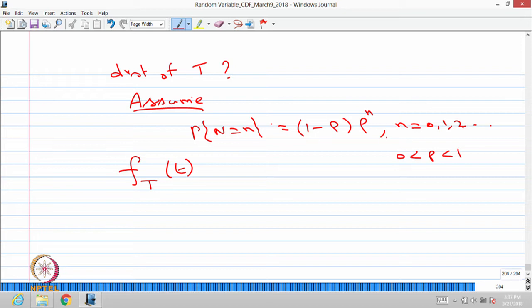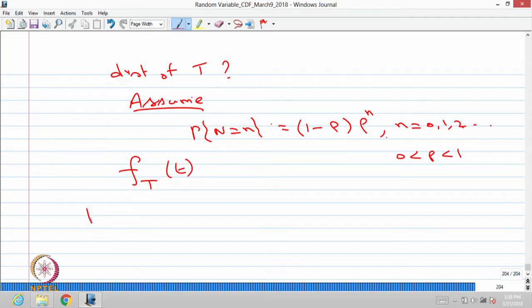It is easy to find the conditional distribution of capital T given that n takes some value, and then go for finding the probability density function of T. Suppose I want to find the CDF of capital T, that is, the probability that T takes a value less than or equal to t.